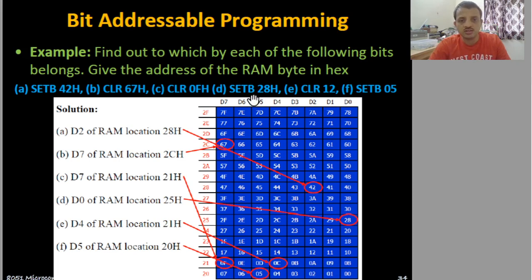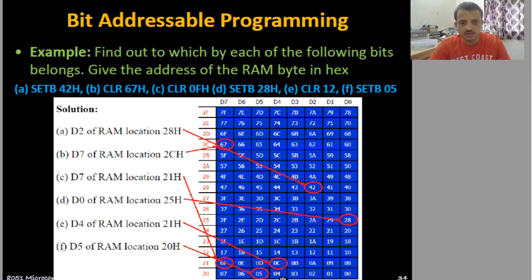And you see here set bit 28H. Again, 28 you need to identify. This is the LSB of the 25th location. Clear 12: where is clear 12?